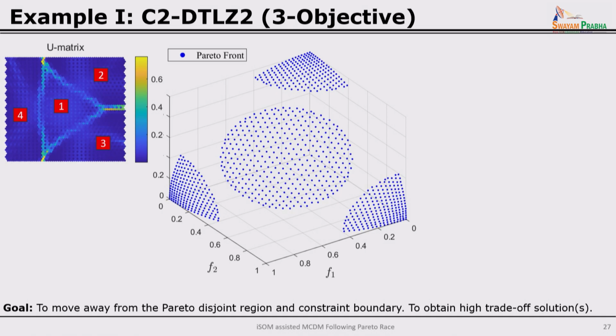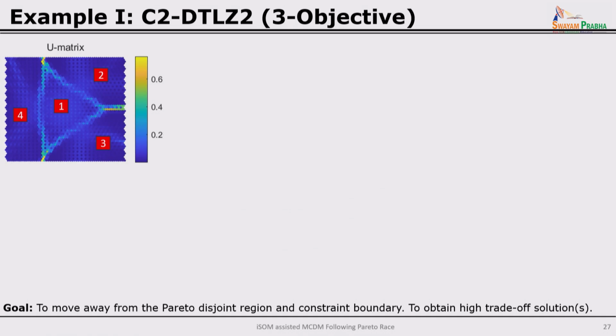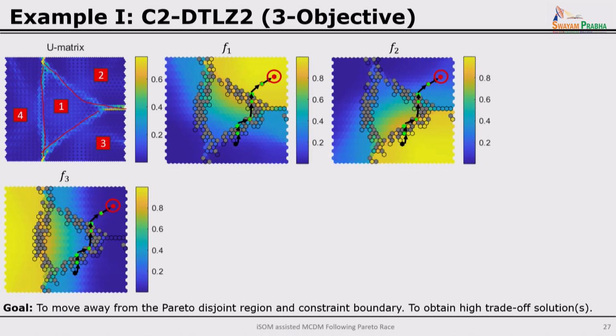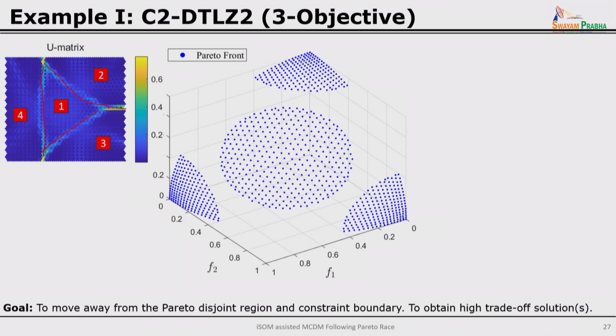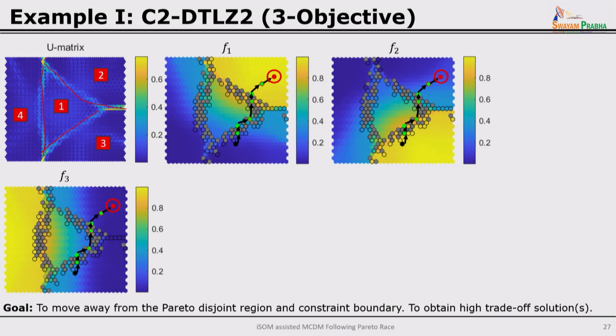Let us take the same example, the C2 DTLZ2 example, and you see the U matrix. These high values that you are seeing here are a clear indication that there is a cluster, and we can see there are 4 different clusters. This tells us there is a disjoint region in the Pareto front, and all the cells in black color indicate that this part is discontinuous.